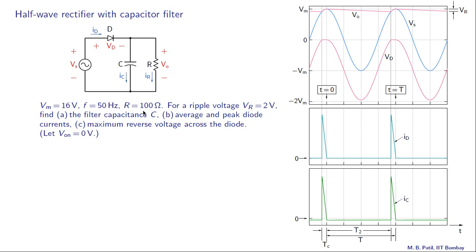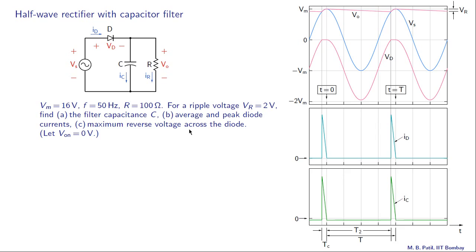R, the load resistor, is 100 ohms, and for a ripple voltage of 2 volts, we want to find the filter capacitance. We'll do that first, and with that capacitance value, we will look at the average and peak diode current, and the maximum reverse voltage that appears across the diode.